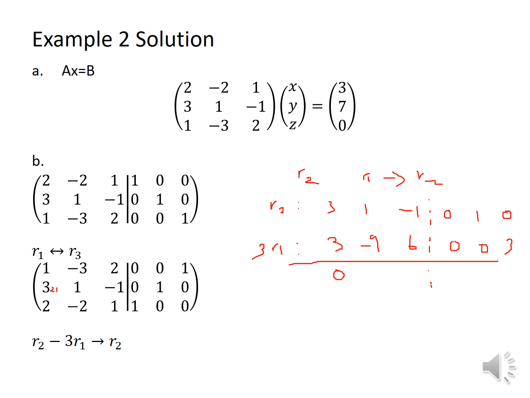Just multiply the whole row. And then I perform the subtraction. Because 3 minus 3, I will get 0. And 1 minus negative 9 is 10. And you calculate the rest.